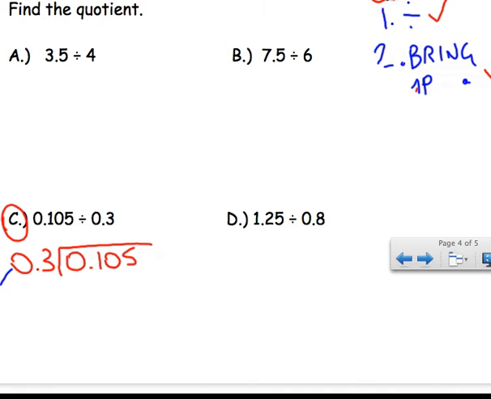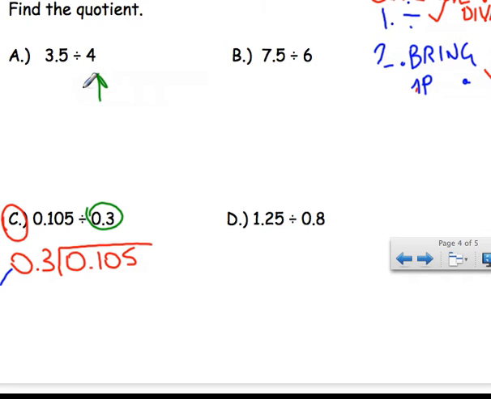And the step 0 we'll say is to remove the decimal in the divisor. Let me show you what I mean by that. So in this example, the divisor was 0.3. I want to turn it into a whole number like I had up here.